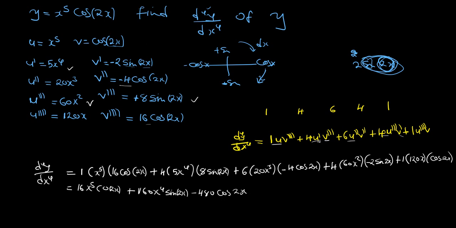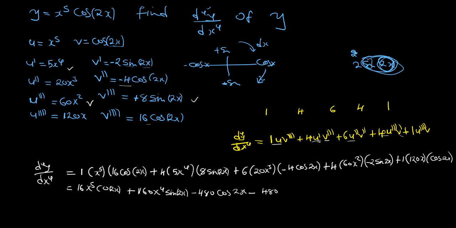So we write negative, then plus, the same thing, negative 480, that is now x to the power what?